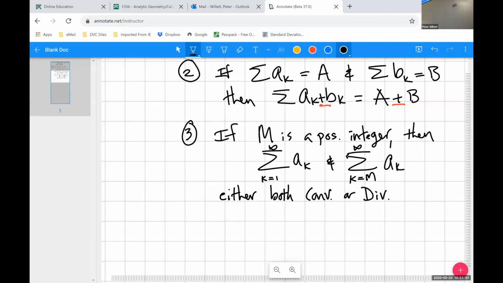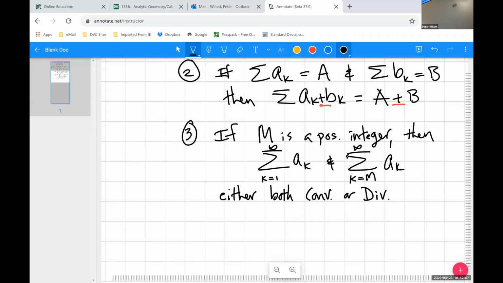And you could even prove this very quickly, because if you start at a later number in the series, like if I start after 1,000, the difference between what happens after 1,000 and if I go from 1 to infinity is just what happened in the first 1,000 terms. And that's a finite number.